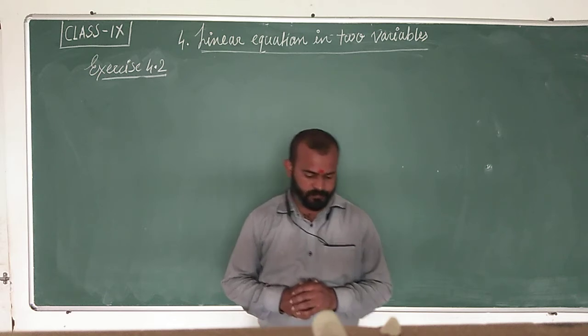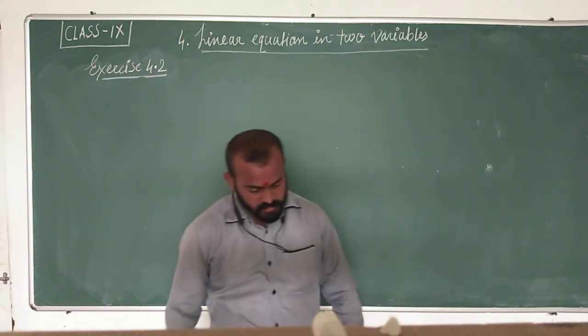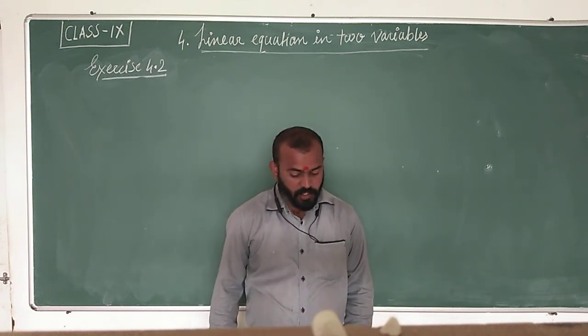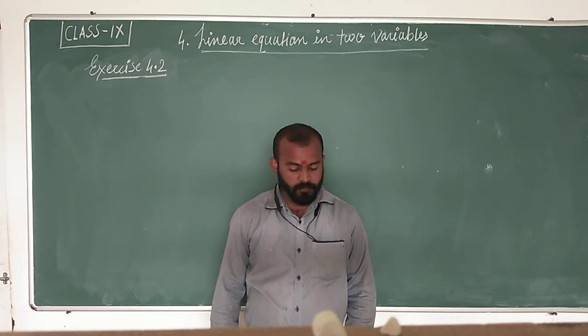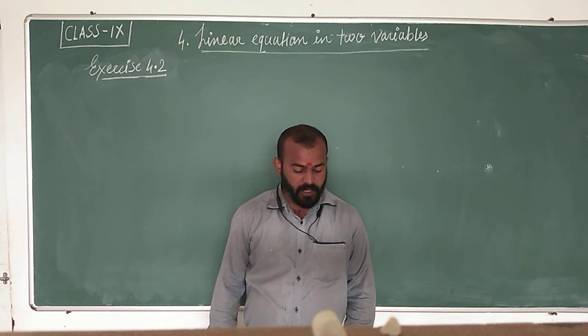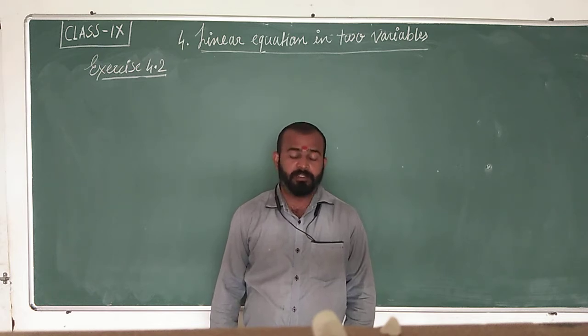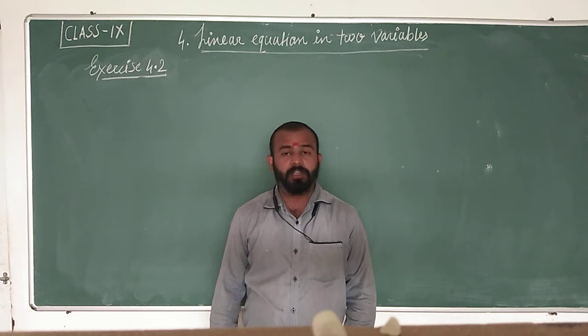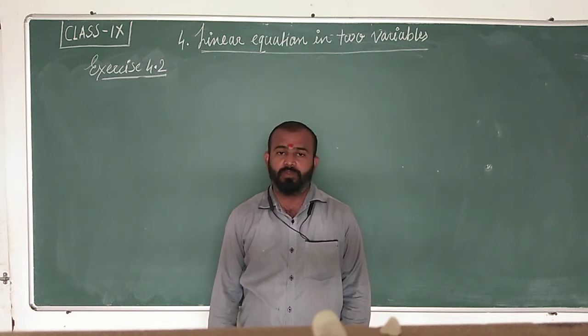Question number 1 is, which one of the following options is true and why? y equals 3x plus 5 has a unique solution, only two solutions, or infinitely many solutions.